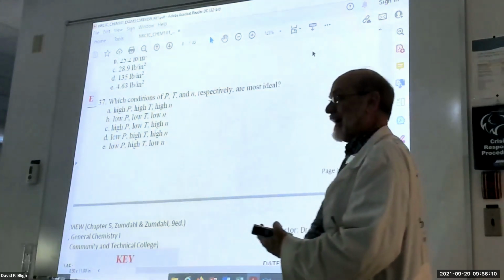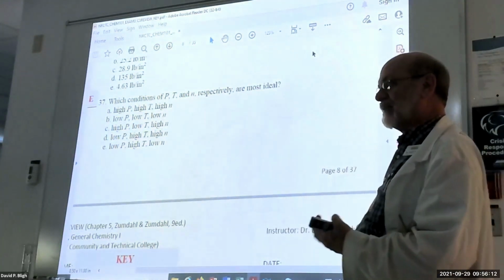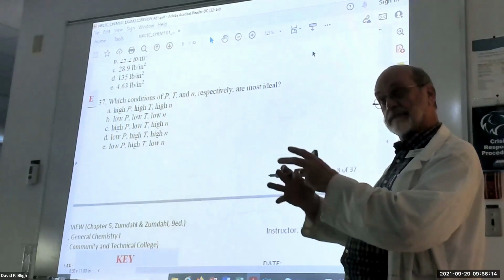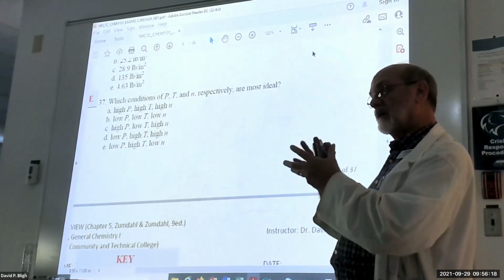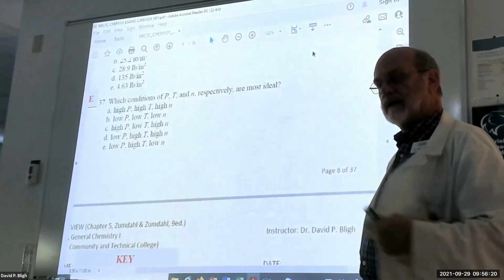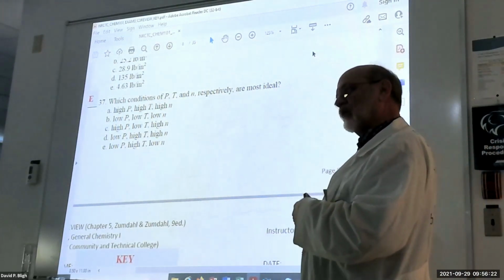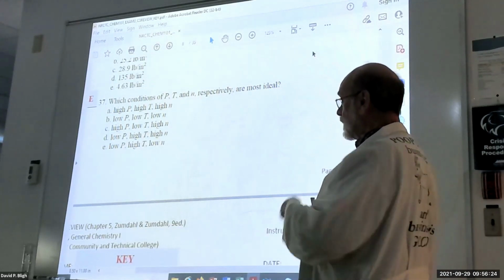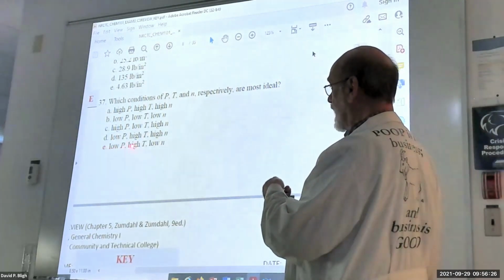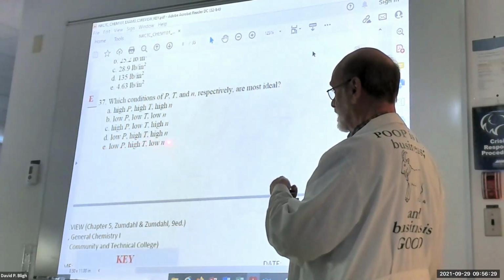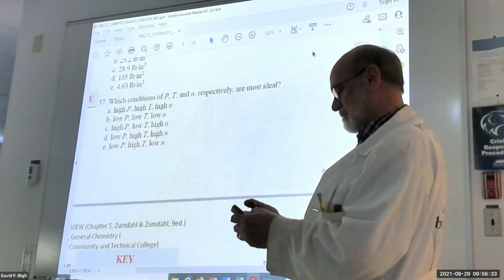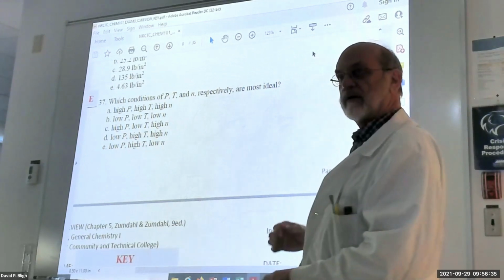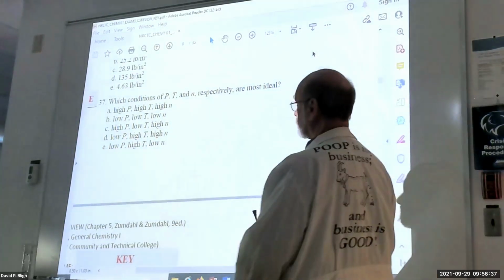Real gases do interact. And the more of them you have in a small space like that, the higher probability they will have to interact. And that just throws your ideal gas out the window. So it needs to be low pressure, high temperature, and low moles. Based upon the kinetic molecular theory, actually.